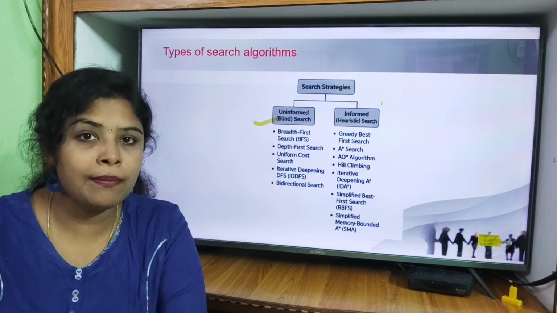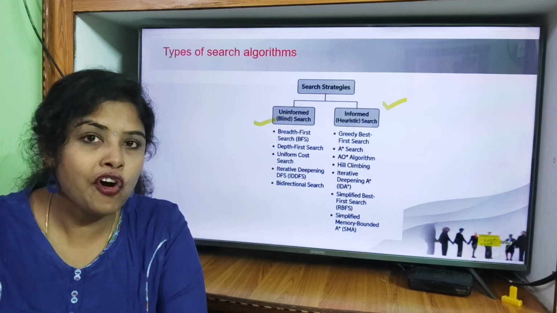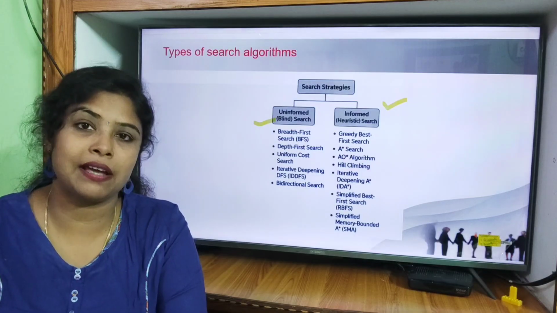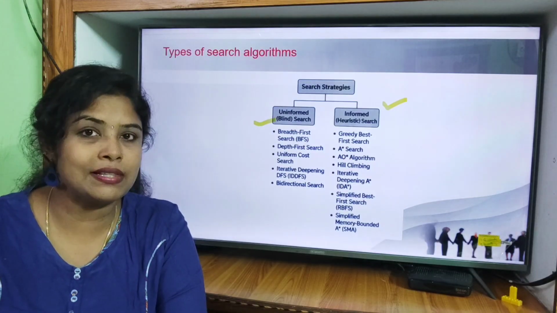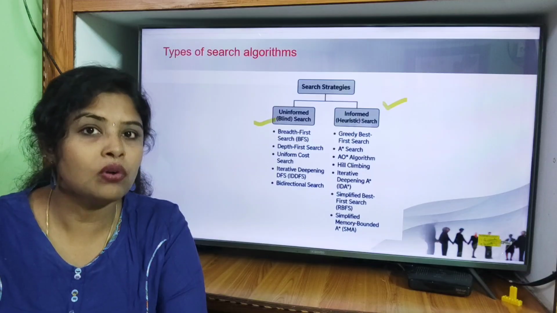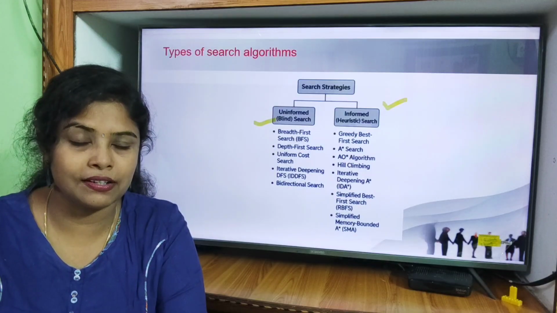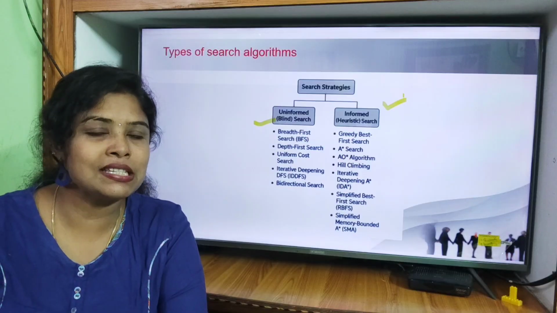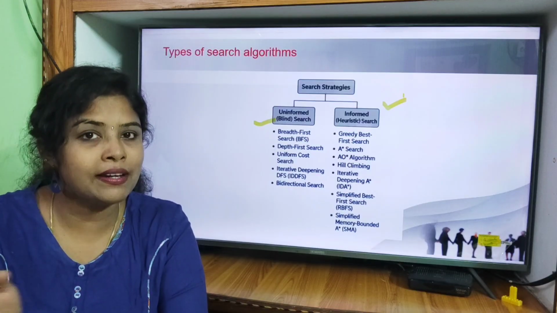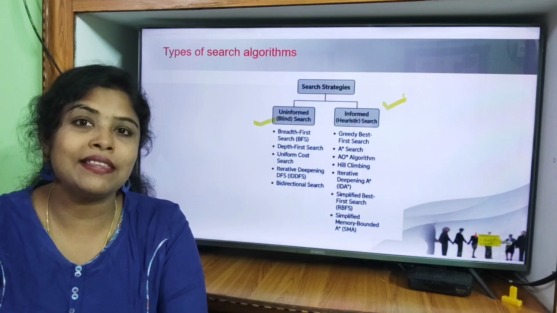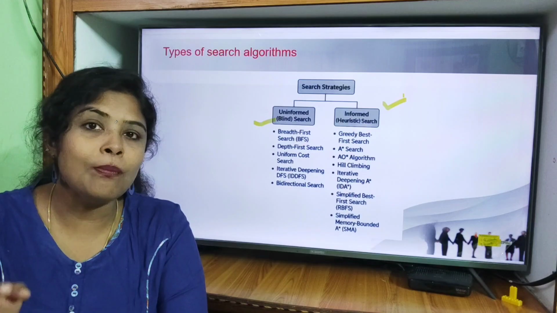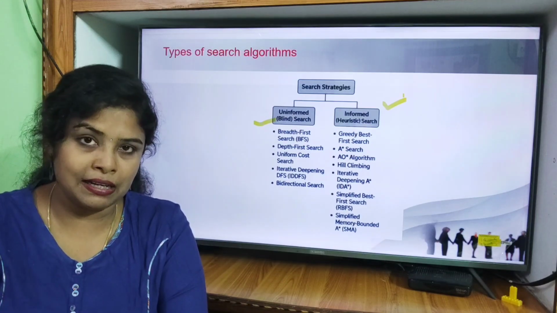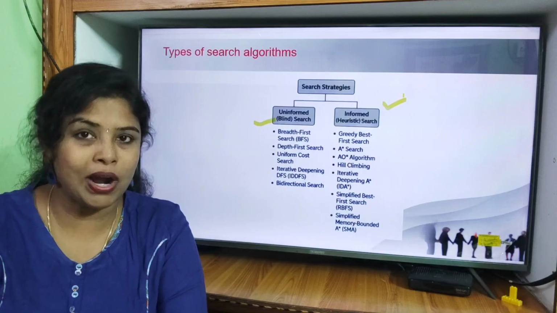Coming to informed search, as the name suggests, the algorithm already has prior knowledge about the goal state and it can carry out its iterations and search based on that information. So once one iteration is completed, it can know whether it is closer to the goal or far from it, and how much the path cost will be if it reaches from this particular source to destination in one route.